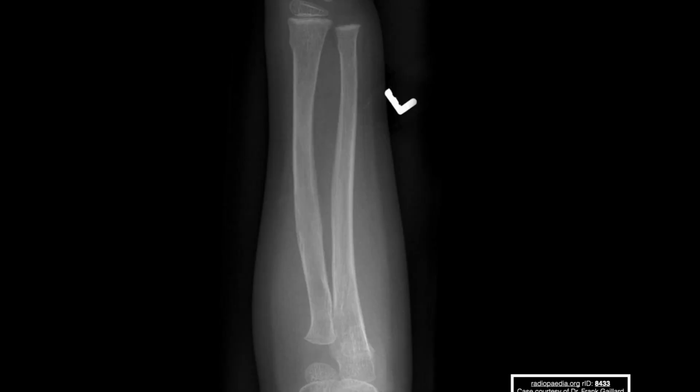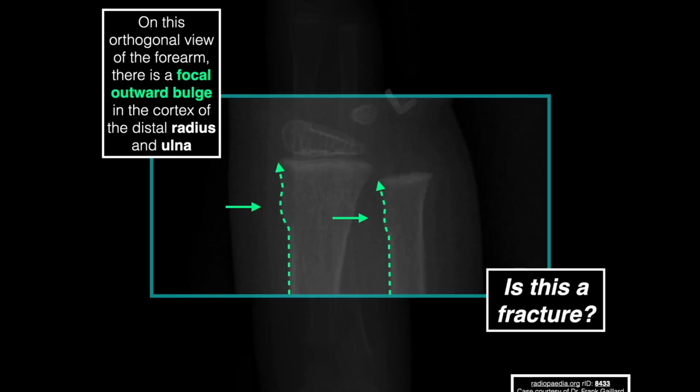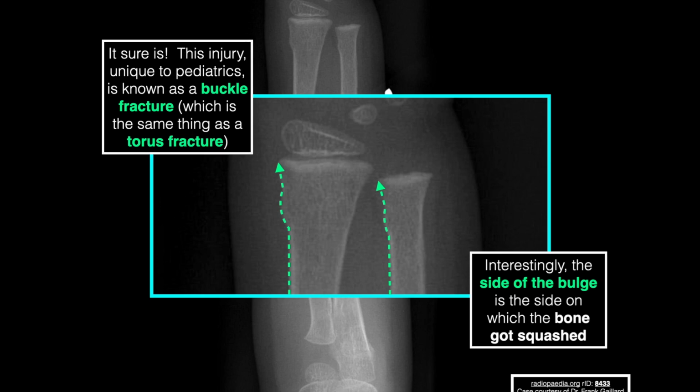This is the orthogonal view of the same forearm. Notice there's a focal outward bulge in the cortex of the distal radius and ulna. The question is, is this a fracture? Indeed, it is a fracture. This injury, which is unique to pediatrics, is known as a buckle fracture, which is the same thing as a torus fracture. They are synonyms.